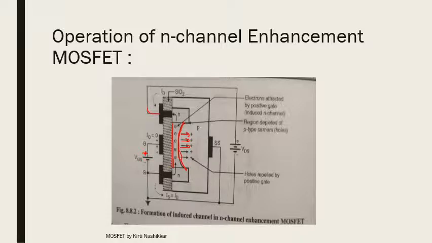So now these electrons tend to move towards the drain terminal, and now we can say that the current is flowing through the N-channel enhancement MOSFET.